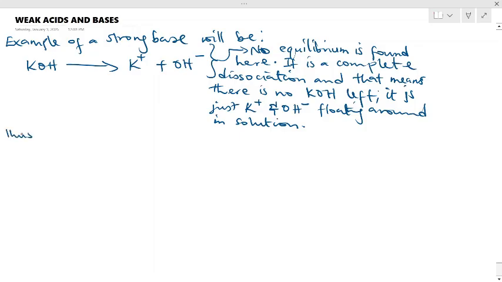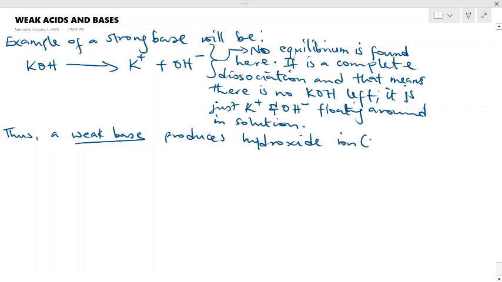Thus, a weak base, which is our focus, produces hydroxide ion indirectly.